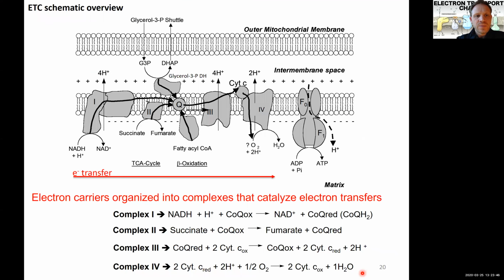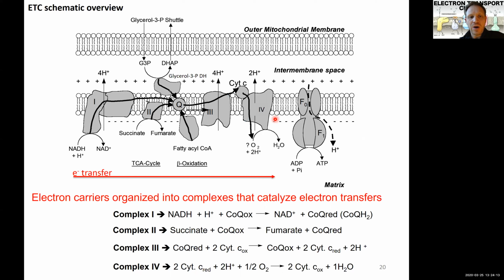Here we go. So we have our complex 1 here, then to the right, complex 2. We're moving on, there's CoQ here. Then we have complex 3 and complex 4. The black arrows here are indicating how the electrons can flow, and you can see that they're all flowing from complex 1 and 2 to CoQ here.